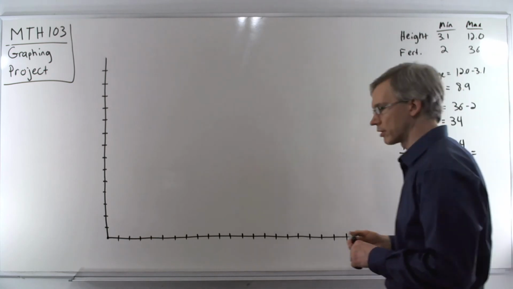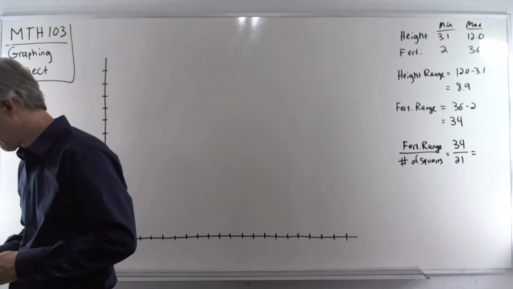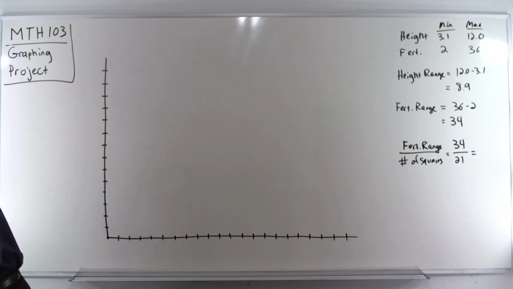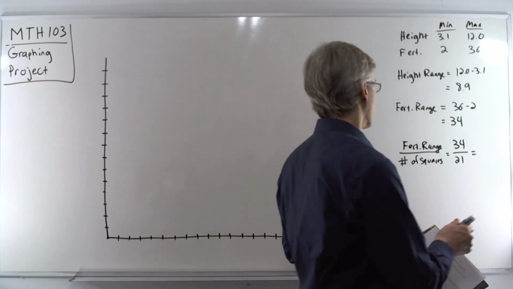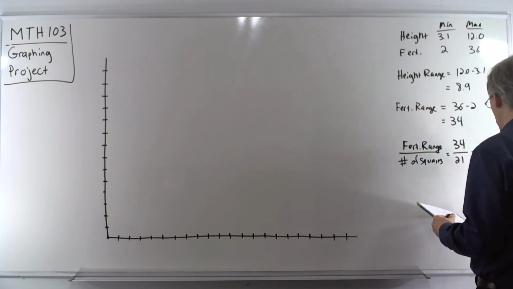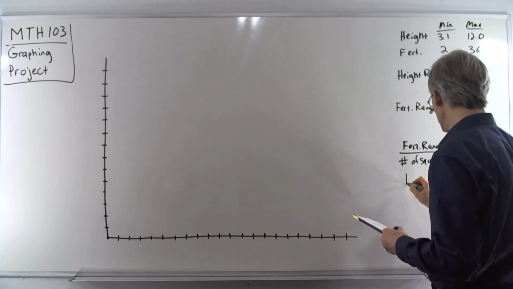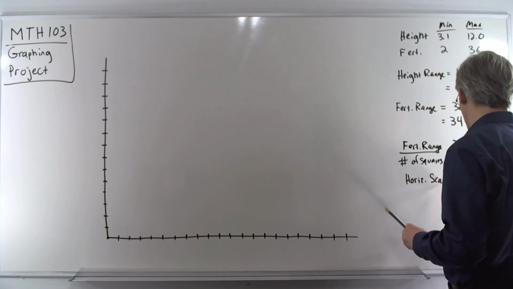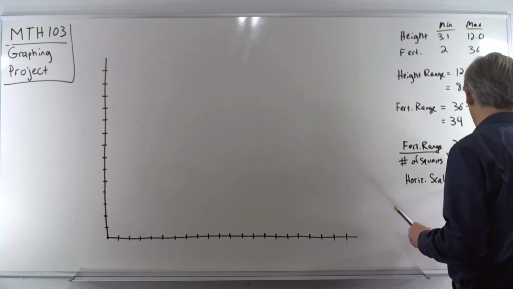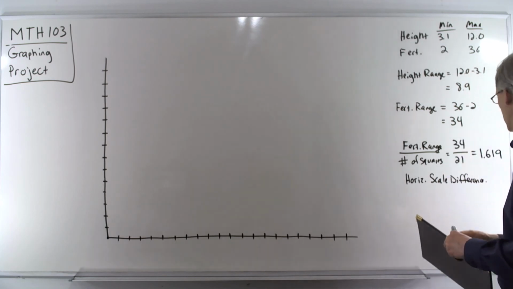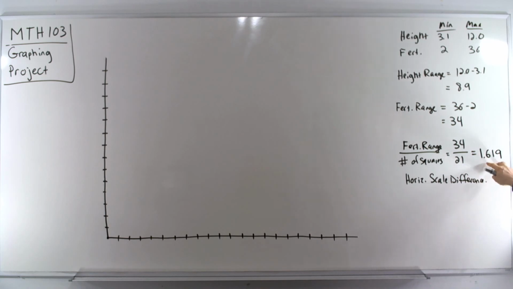So we take 34, divide by 21, and we get 1.619. So the difference then is 1.619.